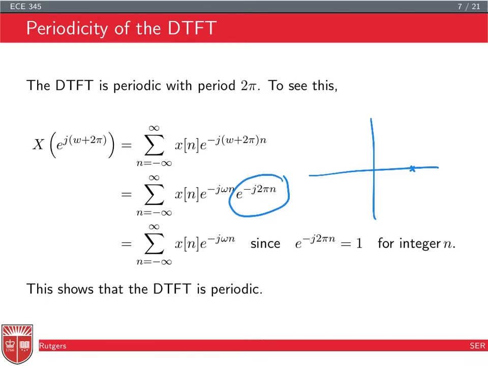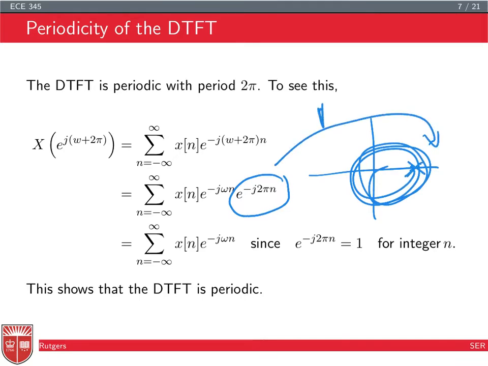So you're making multiple turns of 2π, n times. So you're going to end up being here. So this is equal to 1, and then you're done. So that's what this is saying. This shows that the DTFT is periodic and has period equal to 2π.